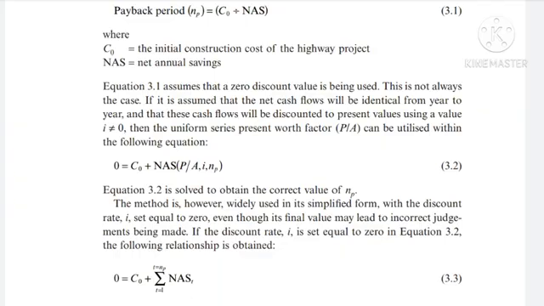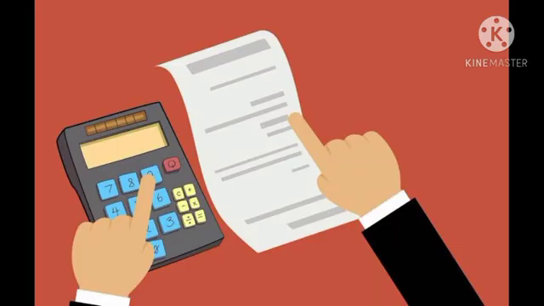So if the discount rate I is set equal to 0, the equation is obtained: the initial construction cost of the project plus the summation of the net annual income with respect to its discount rate, considering the discount rate.